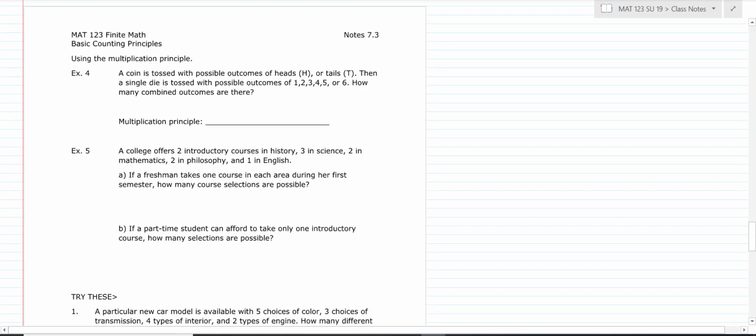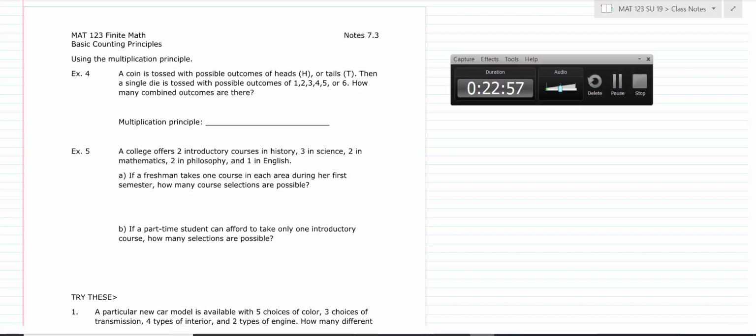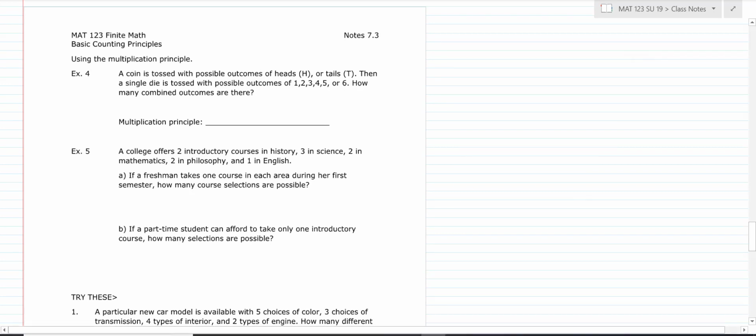Okay, so we're going to get away from tree diagrams a little bit and just work with the multiplication principle now. This says a coin is tossed with outcomes of heads or tails, then a single die is tossed with 6 possible outcomes.